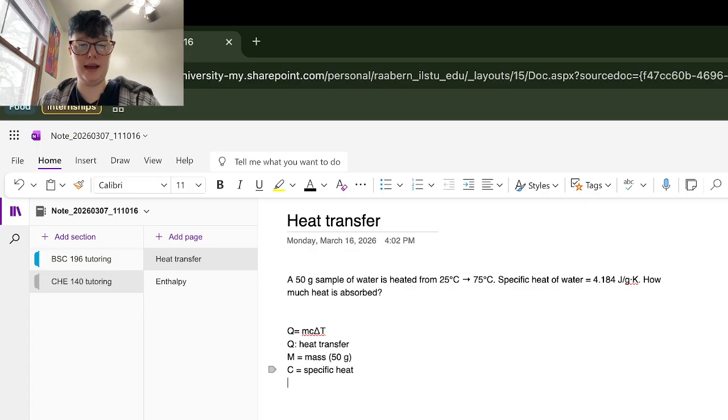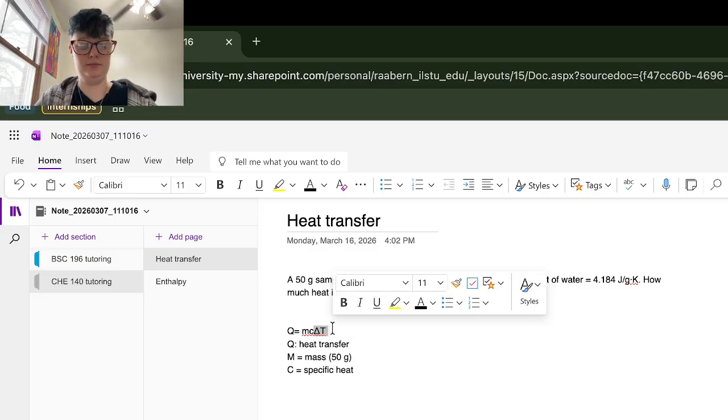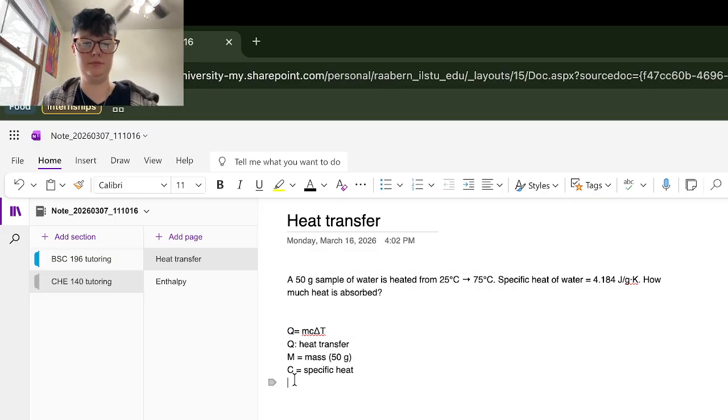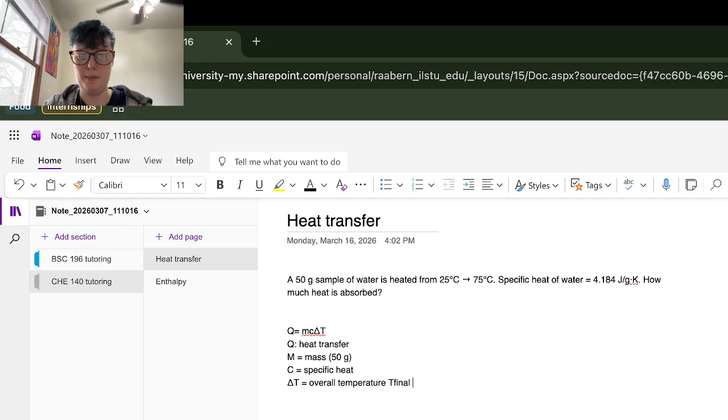And then the last is delta T. Delta T is just the overall change in temperature. What I mean is you're taking T final minus T initial to get the correct answer.